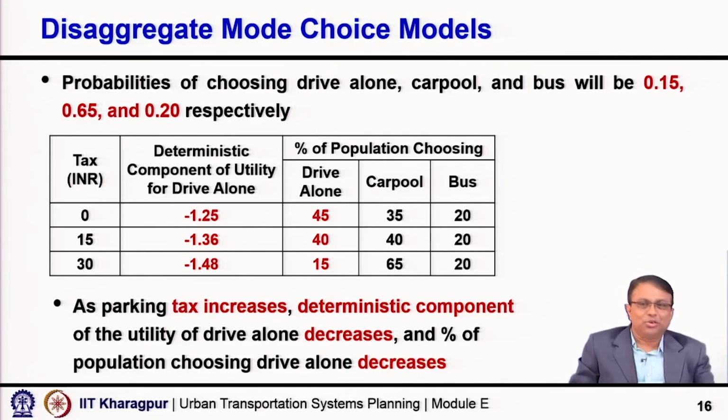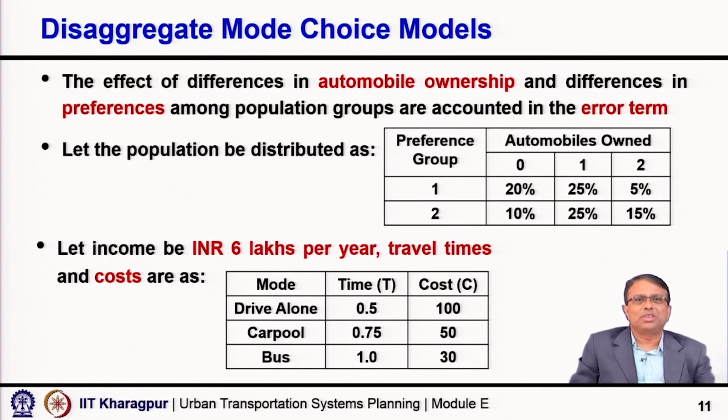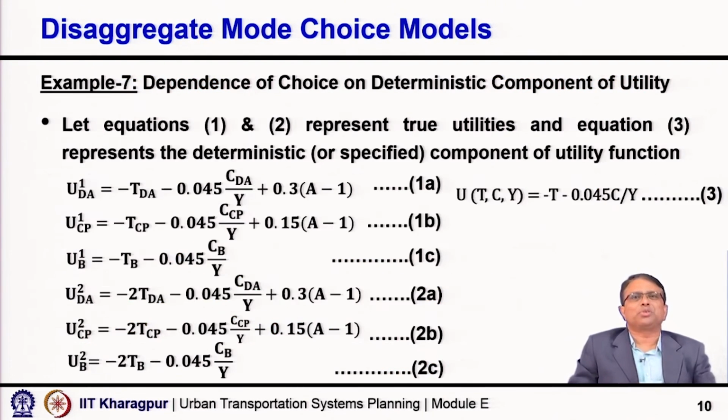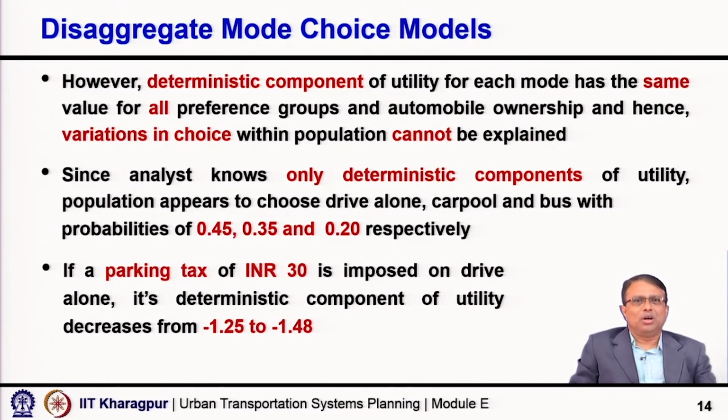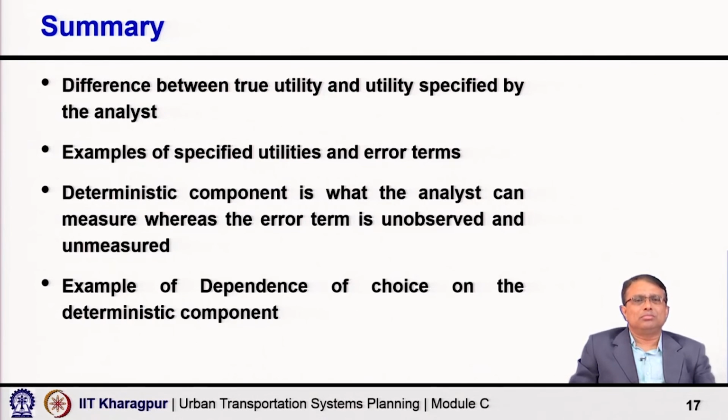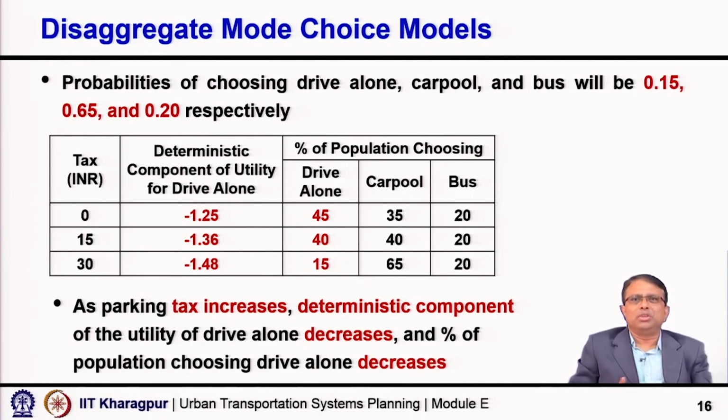That is shown here. So all we did was try to explain this particular statement that we made earlier through an example. So altogether, what is happening? The probability of choosing drive alone is decreasing because you are increasing the parking charge, so the utility of that particular alternative is decreasing, and the probability is also decreasing.